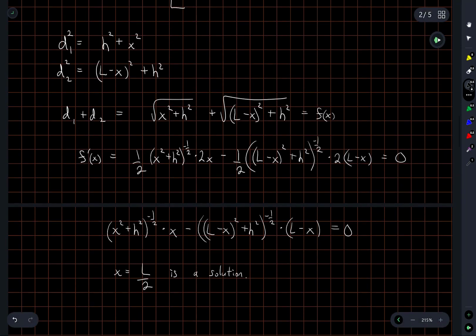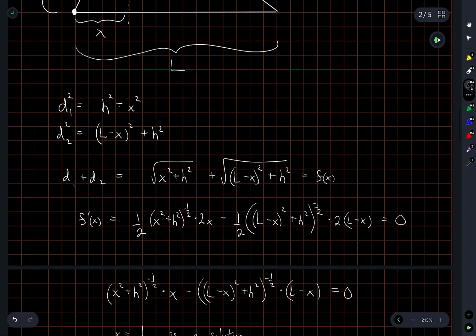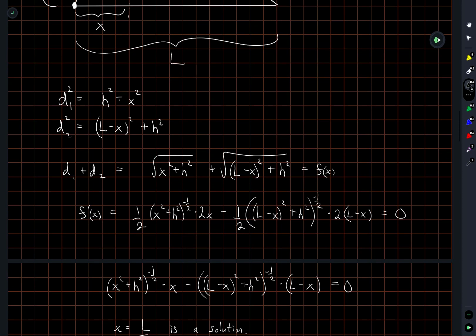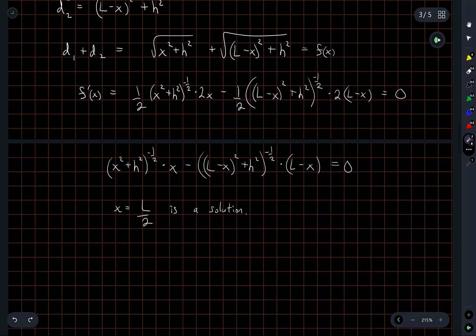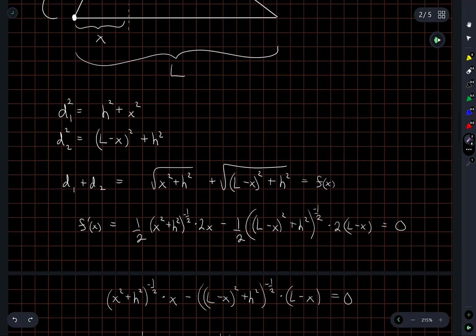And I guess if we want to claim that this is the only solution, we would have to look at what this function looks like as a function of x, or we could do some second derivative tests and so on. I mean, I'm fairly confident that this is the only solution to this.